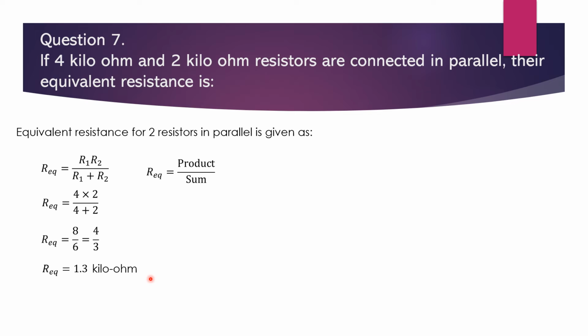Now this is a very simple and handy formula used here for calculating this 1.3 kilo ohm for the MCQ which you have, and out of the given options, B is the correct option, 1.3 kilo ohm. Now, however, you may be thinking, where did this formula product over sum come from?